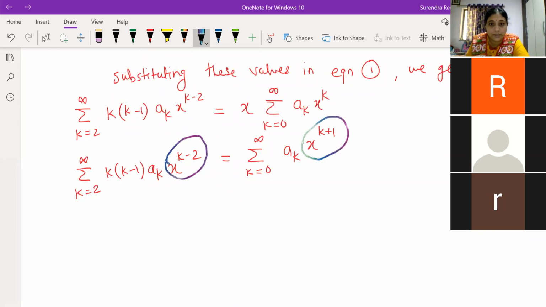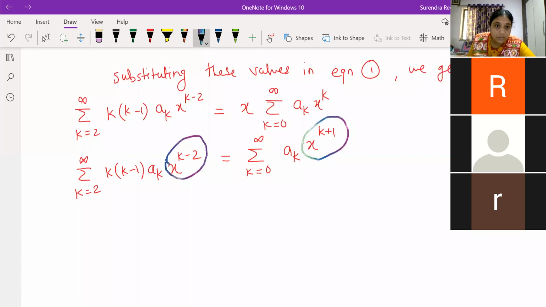Two power series are equal if and only if their coefficients are equal. So to compare coefficients, first I need to make these indices equal.